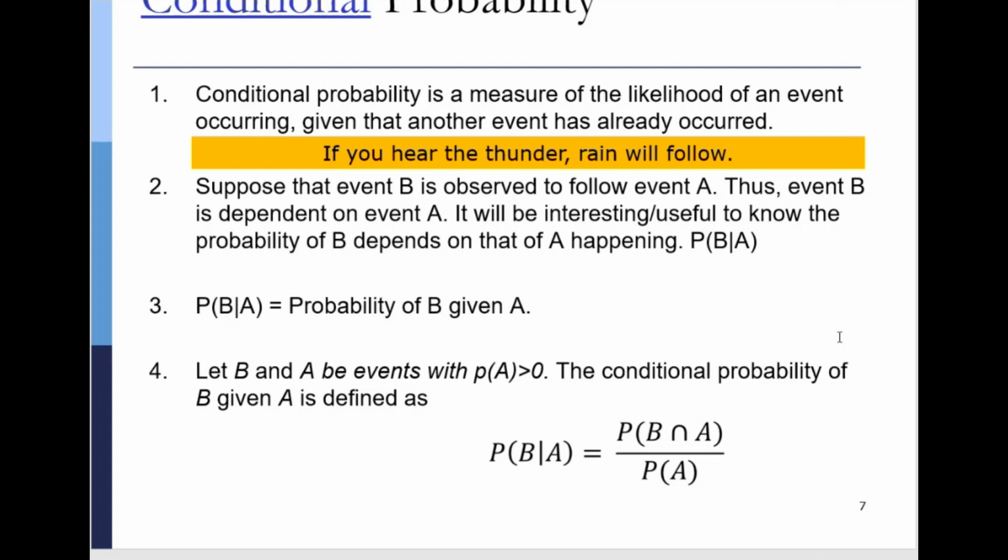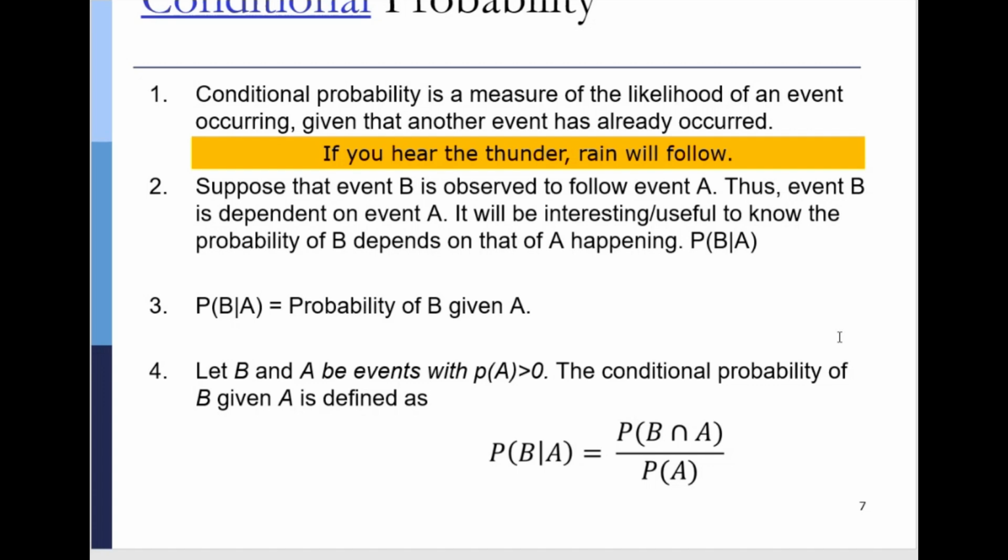Sometimes, if you hear thunder, sometimes rain will follow. So that is a partial truth, correct or not? But it's not wrong also, isn't it? You cannot say this statement is zero probability, right? But you cannot say it's 100% probability.